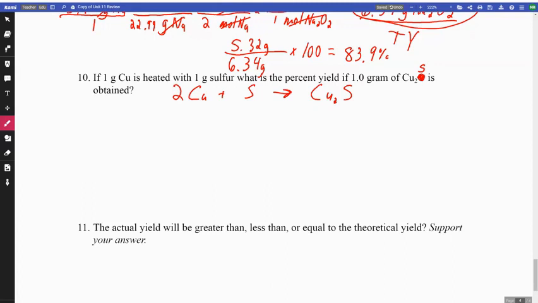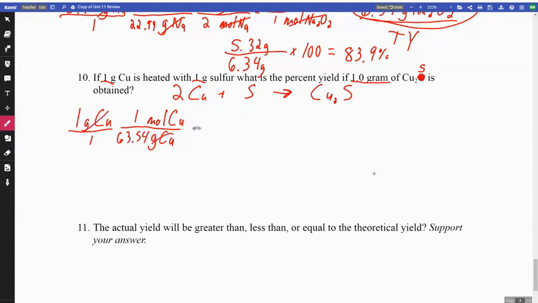Okay, so our two givens are 1 gram of Cu and 1 gram of sulfur. This is our actual yield. Okay, so 1 gram Cu over 1. We do our grams of Cu. We do moles of Cu on top. Grams of Cu, the molar mass is 63.54.